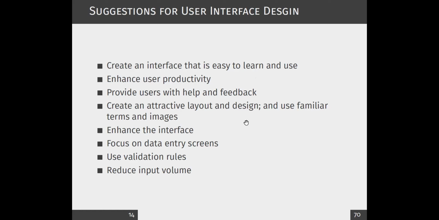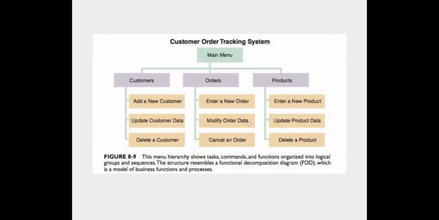Okay, next ones. This is what I call the functional decomposition diagram. If you start with something like this, it will be helpful for you to understand what are the things that you need to do, right? So for example, in this particular case, it will show you the menu hierarchy. So it's like this.